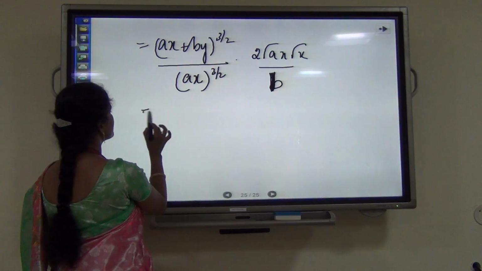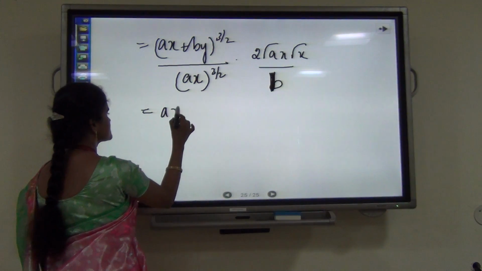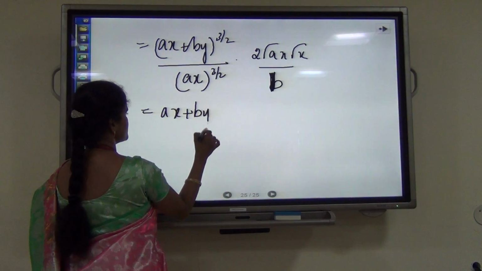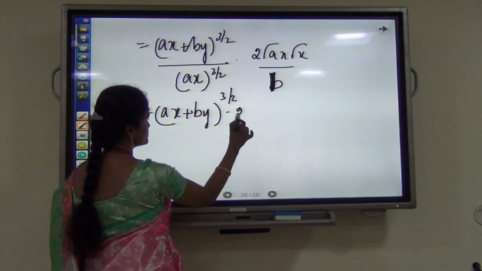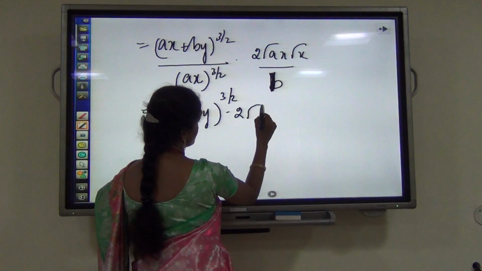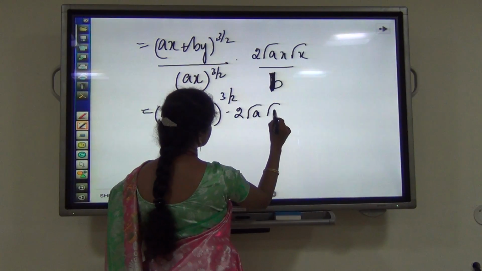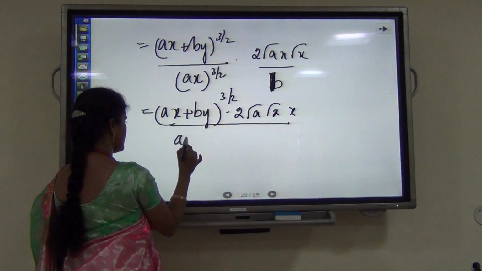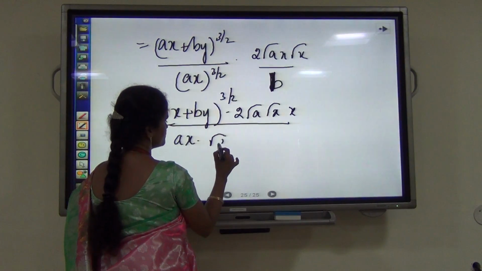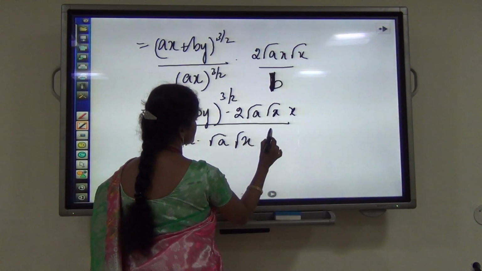And further simplifying, this is ax plus by to the power 3 by 2 into 2 root a x root x into x by, this is ax into root a root x into b.